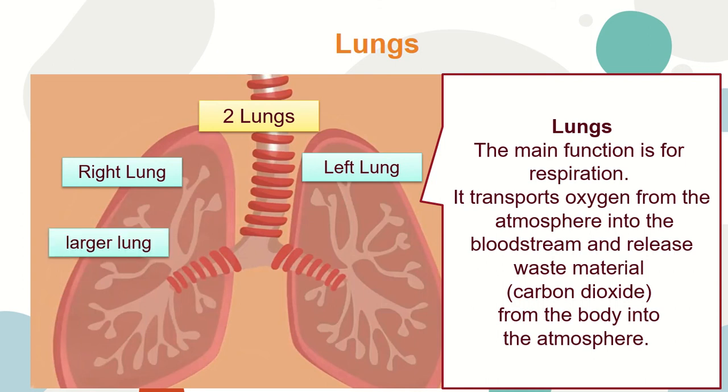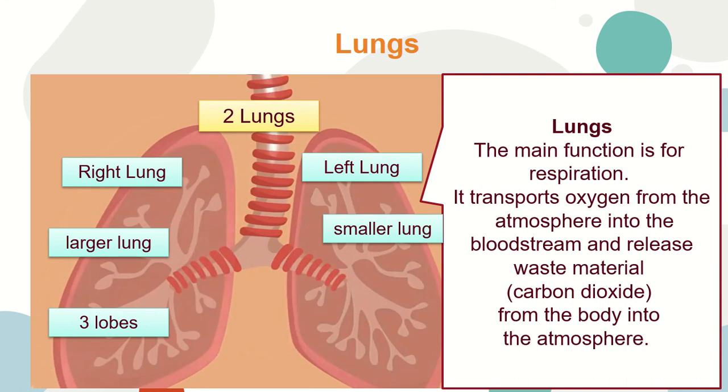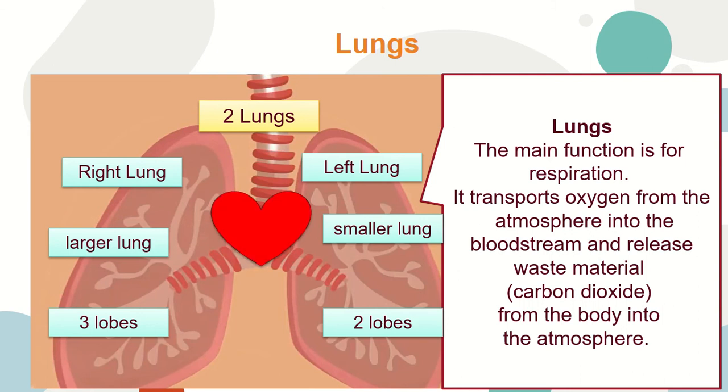When we say right lung, it is larger and consists of three lobes, and the left lung is smaller and consists of two lobes. Why two lobes? Just to give a space for the heart.